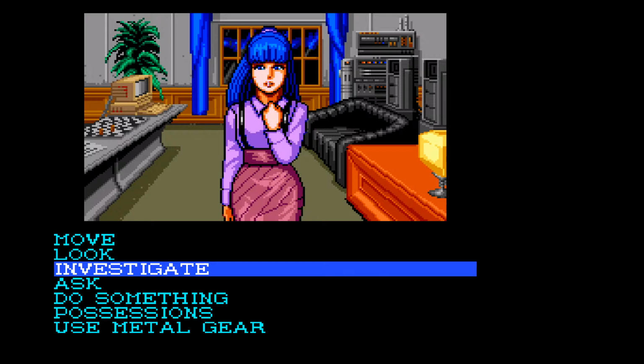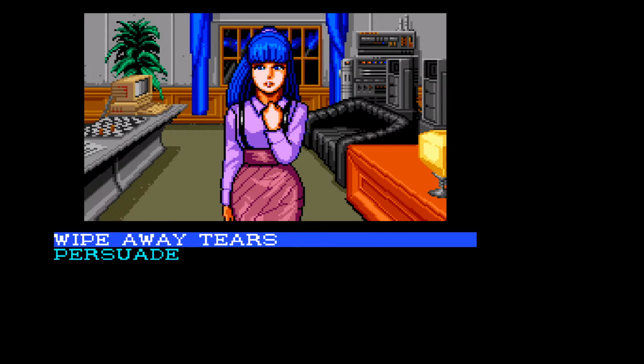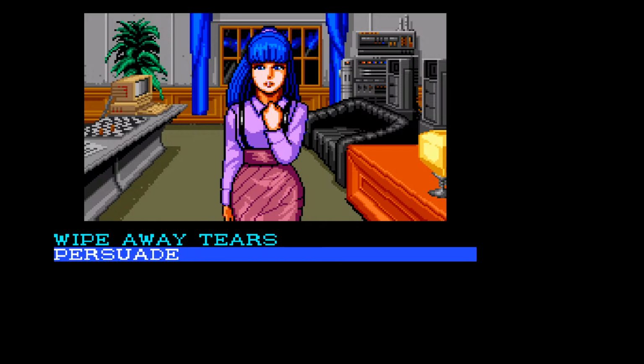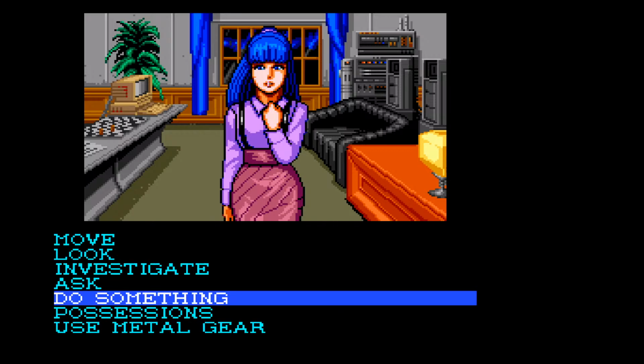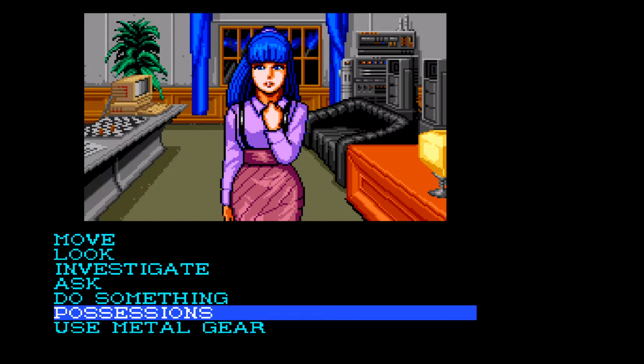Fucking hell. I'm pretty sure there's... Okay, now I'm curious what persuade means, but I don't feel like that's a good idea.